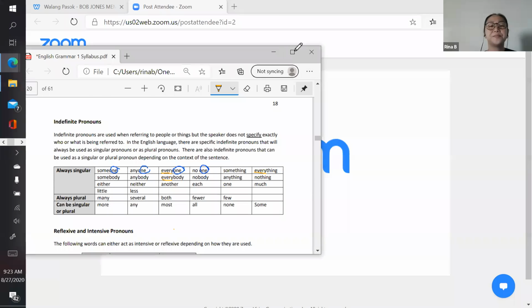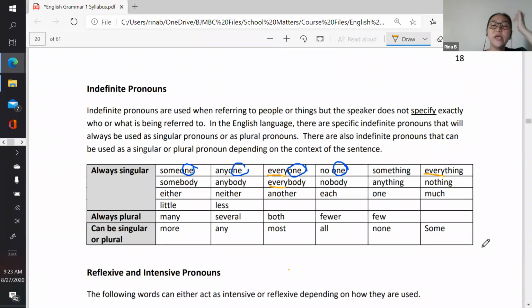So, let me share my screen again. If we say anything, then the verb that we need to use is always going to be is, meaning if we're using the be verb. We can use any verb, but the point is, after the word anything as a subject, you always use a singular verb.